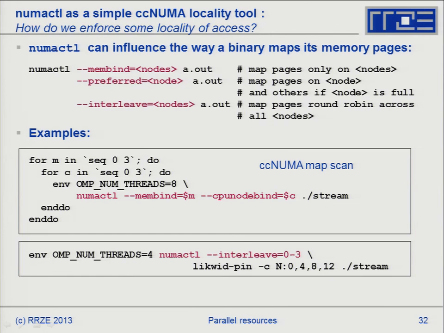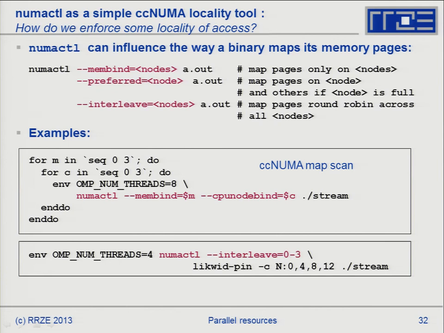So for example, you could just say numactl --membind= and then a list of nodes. So this binary that you start with the wrapper will then allocate all its pages on the NUMA nodes you specified here. So that way you can restrict the allocation to one or a couple of NUMA nodes.